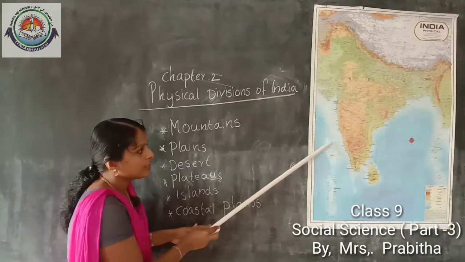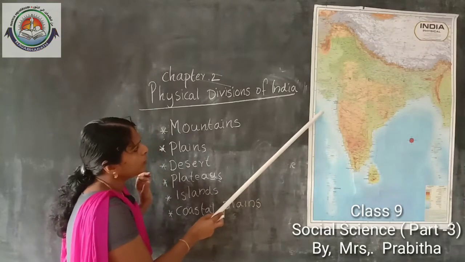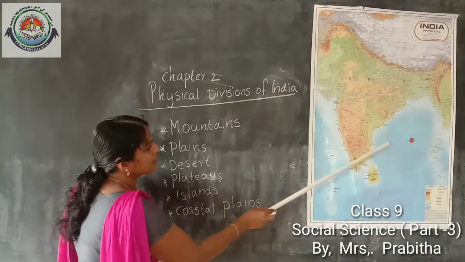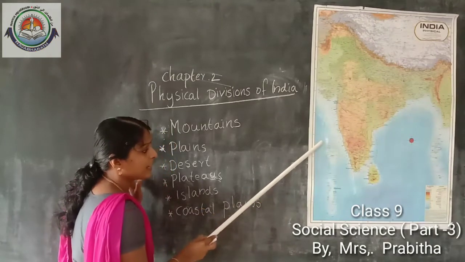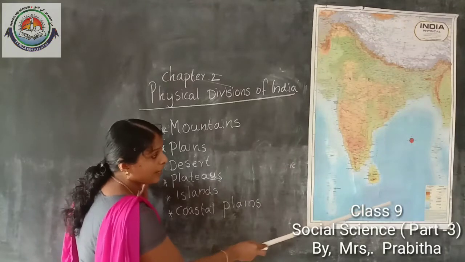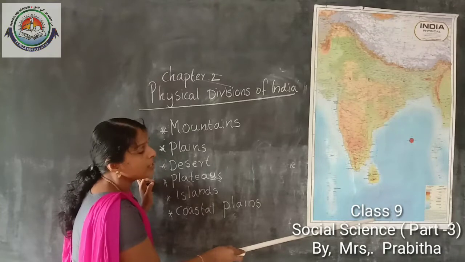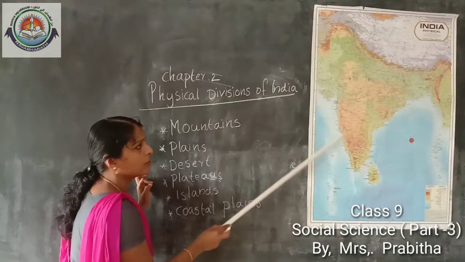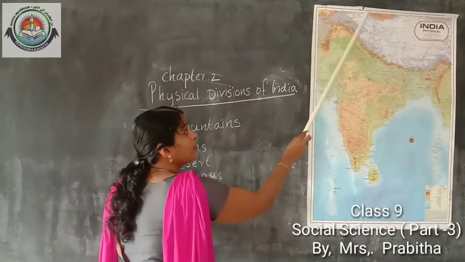Arabian Sea. So these are the two coastal plains of India. Now you can see three sides: here is Bay of Bengal, here is Arabian Sea, and here also it is covered by ocean. That means the Indian Ocean is in the southern part of India. So these three sides of India are covered by water, and one side is land.